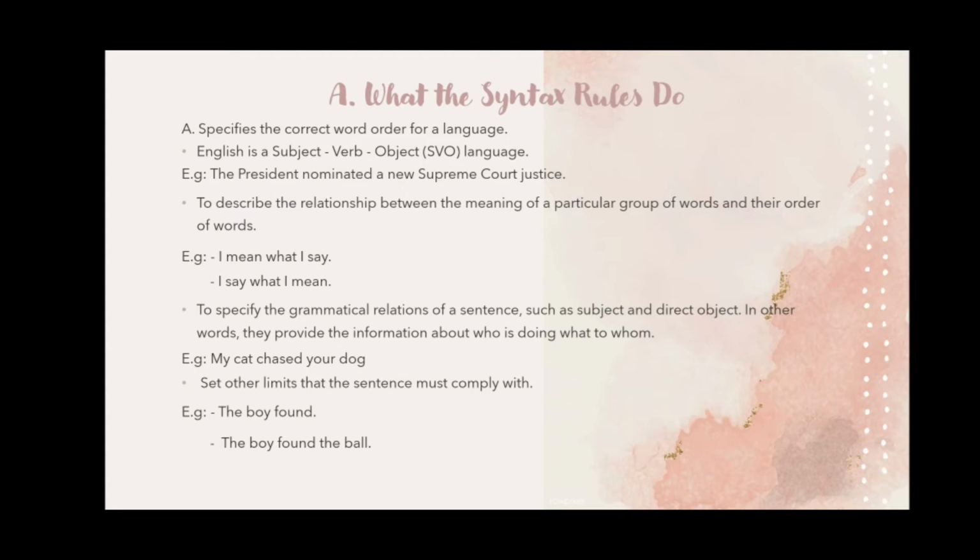And the last is set other limits that the sentence must comply with. For example, the boy found and the boy found the ball. From the example, we can see that first example is ungrammatical, while the second example is grammatical because the syntax rules specify that a verb found must be followed by something.